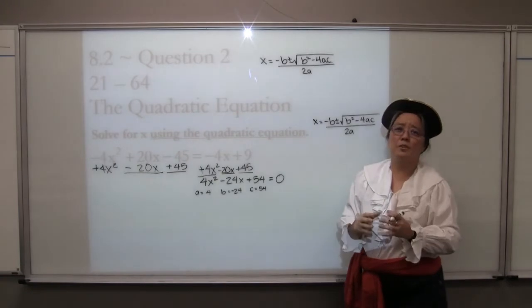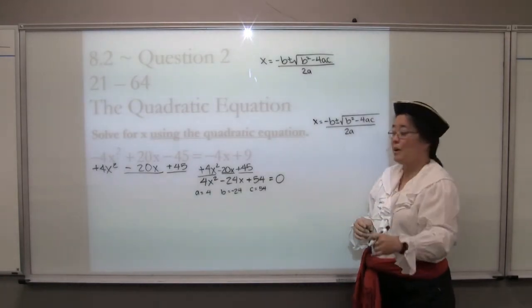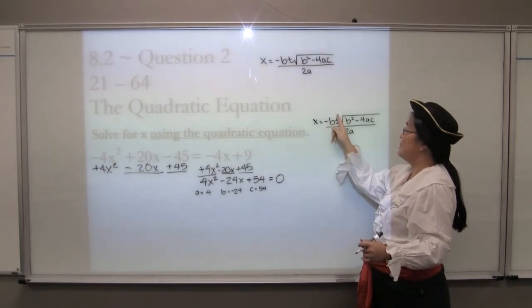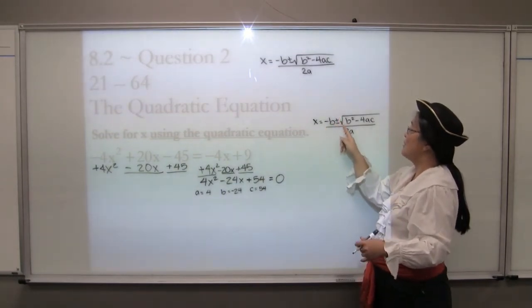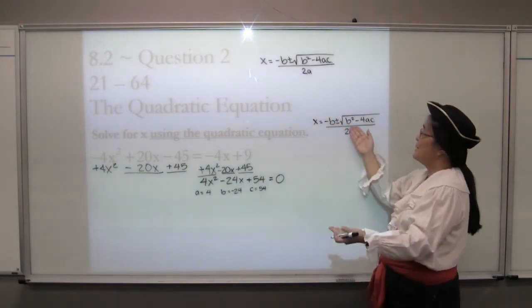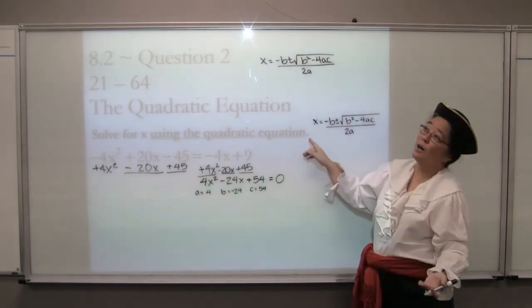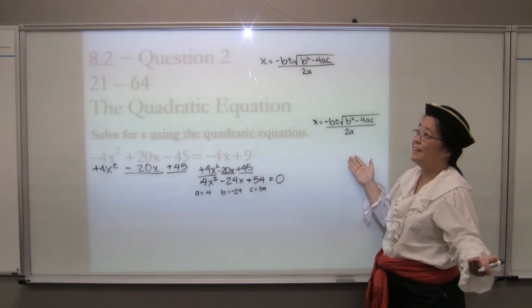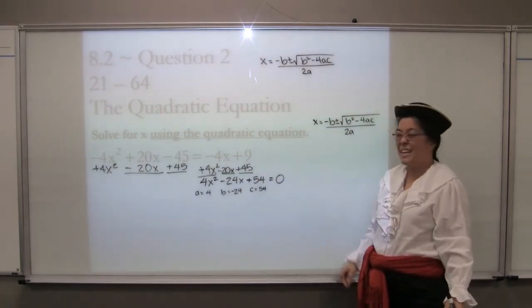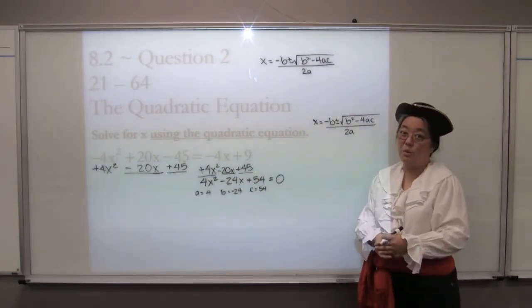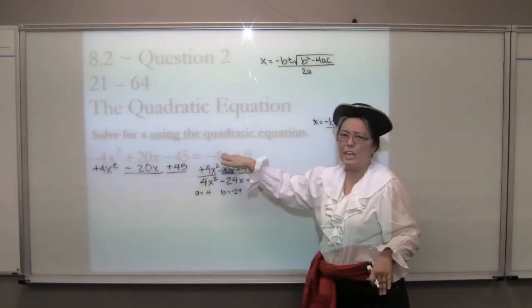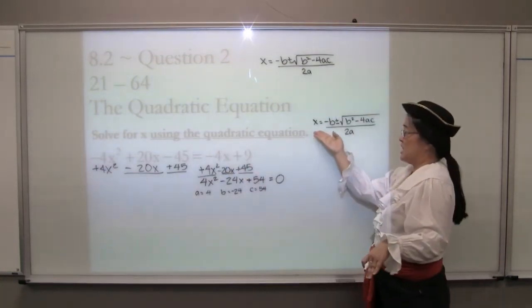But wait, what if you don't like Pop Goes the Weasel? We also have negative b plus or minus square root b squared minus 4ac, all over 2a. But then you have to say everything twice, and it doesn't necessarily have the x equals. That might be a good idea because as long as we have the variable x, this is x equals.